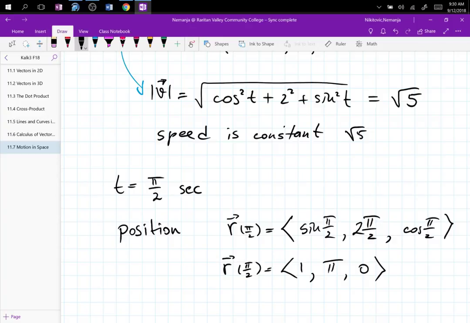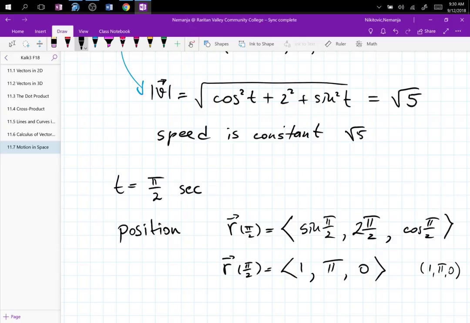What is this? This is location. Your vector will stretch from 0, 0 to the point 1, pi, 0. And that is the location where your bug, the fly, is, flying in this helical path, right?